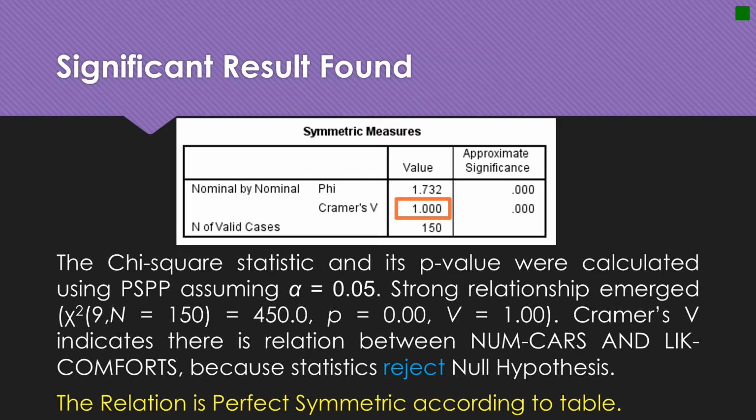So first of all, there is a relation between these two variables, and secondly, there is a strong relation because the value is near to 1. If the value is near to 0, it will be a weak relation. If Cramer's V is near to 1, it means that there is a positive relation. So the relation is perfect symmetry according to the table.